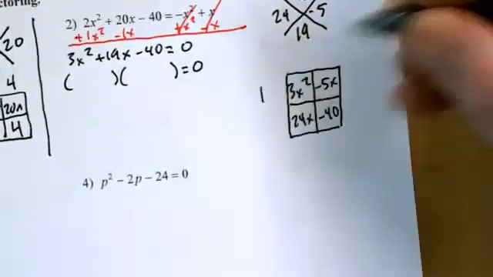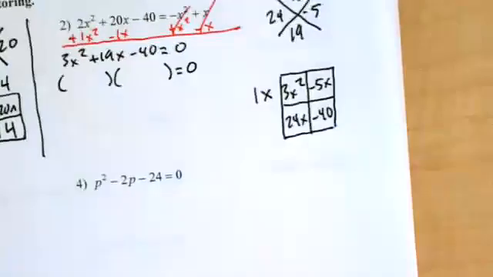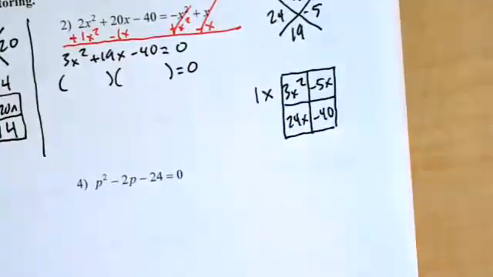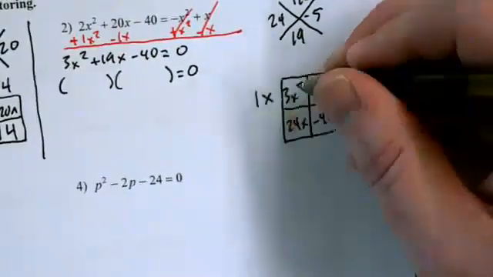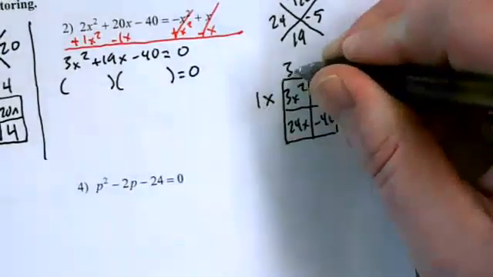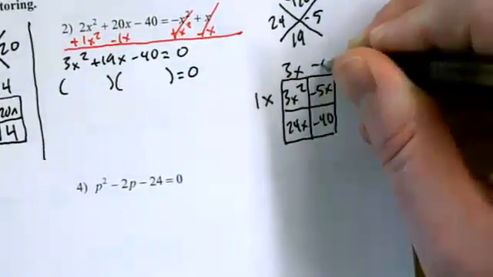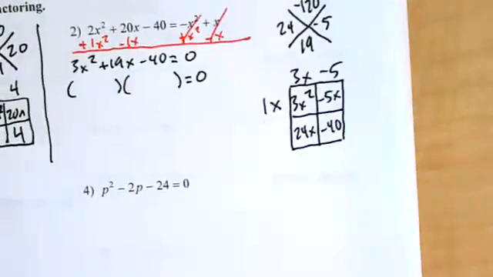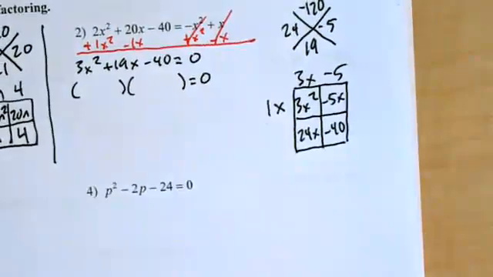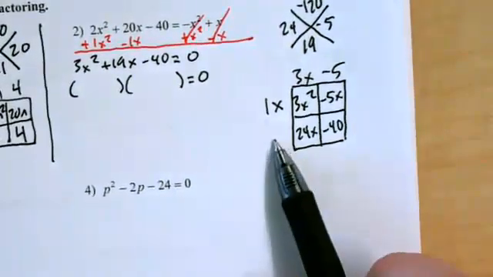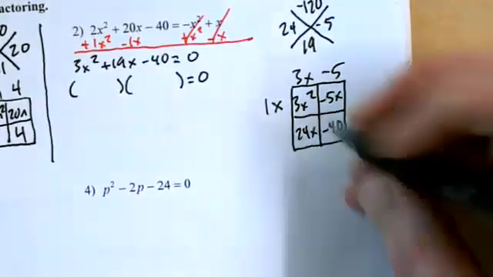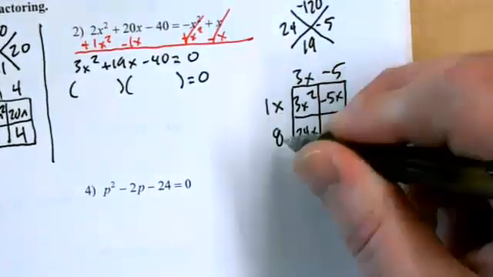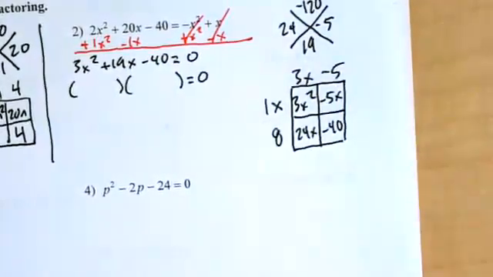Yeah, it's going to have to be a 1. They do both have x's, so I'll make it 1x. That's going to make filling out the top pretty easy, actually. 1x times 3x is 3x squared. 1x times negative 5 is negative 5x. I think this is going to need to be, what? 3 times 8. 3 times 8 is 24. And 5 times 8 is 40. Yeah, that's it.